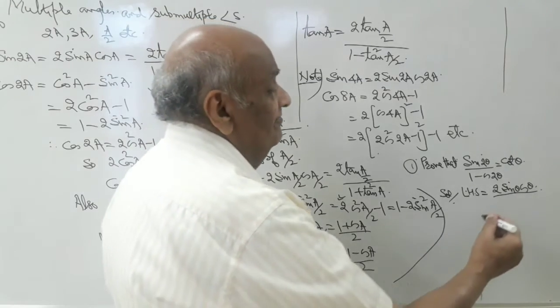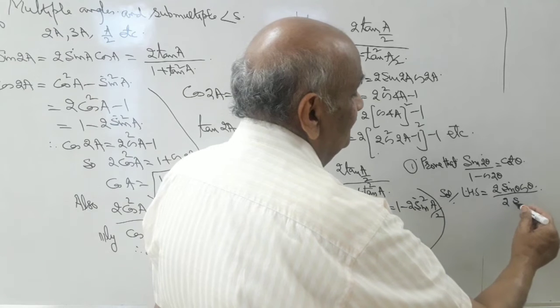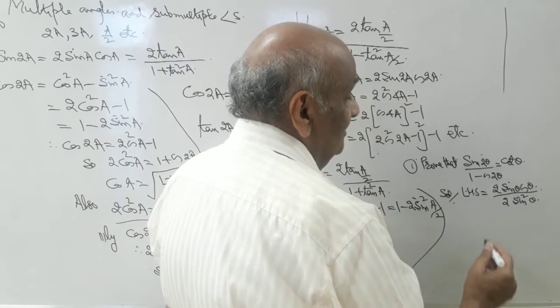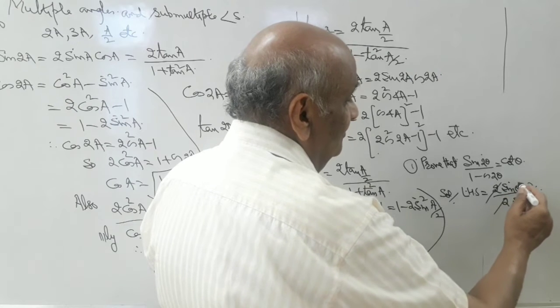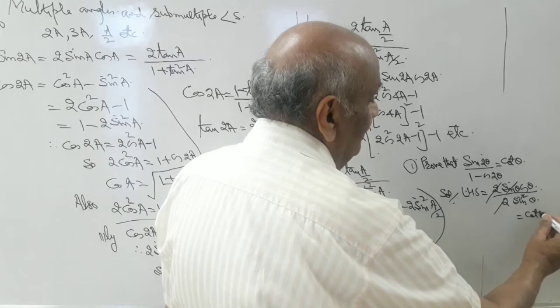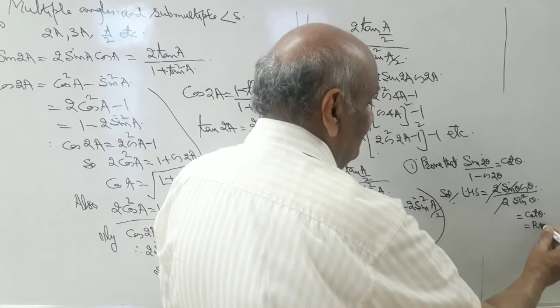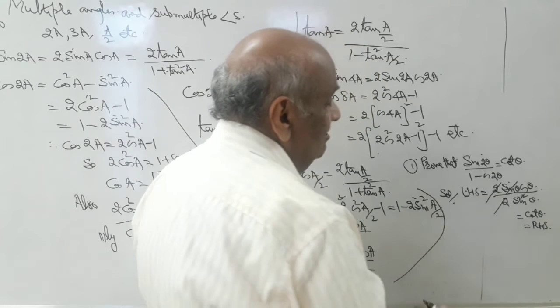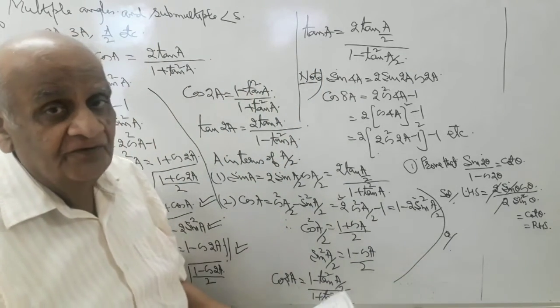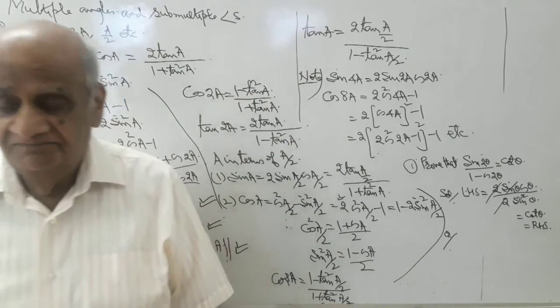So I apply here, this becomes 2 sin square theta. Because the angle is halved, 2 will go, sin will go, and the value comes out to be equal to cot theta. This is the right hand side. The first very basic application of multiple angles.